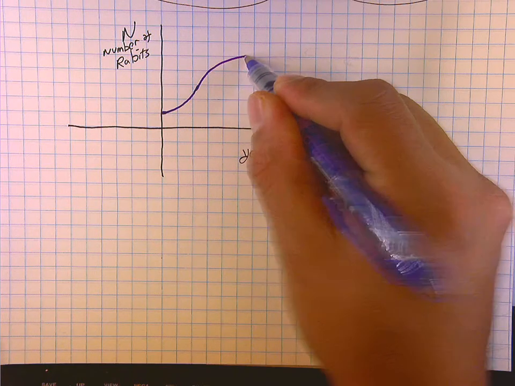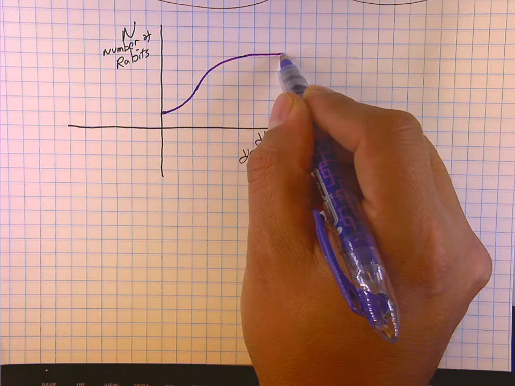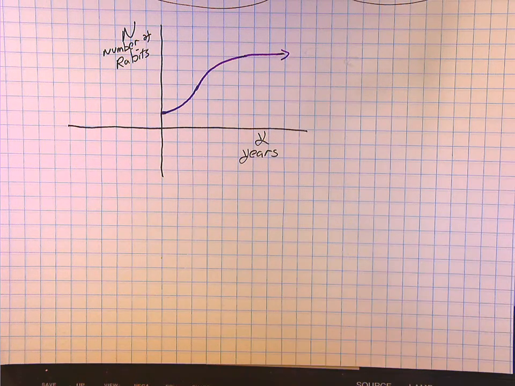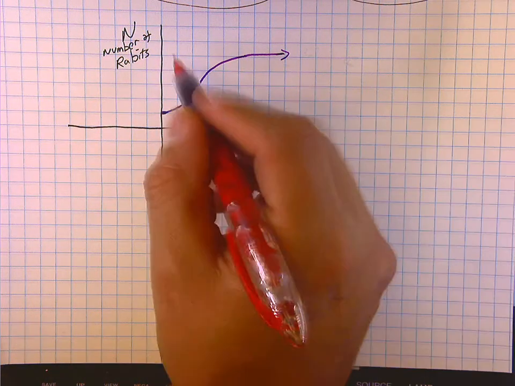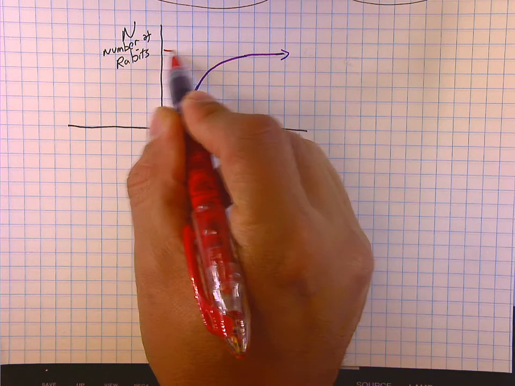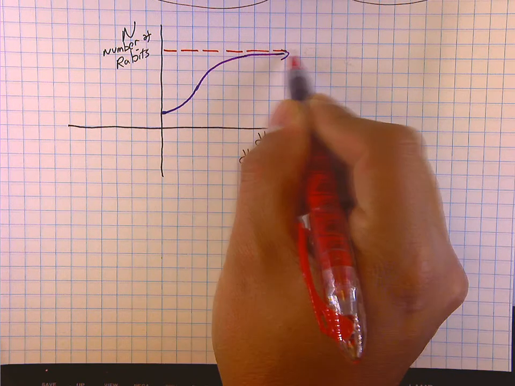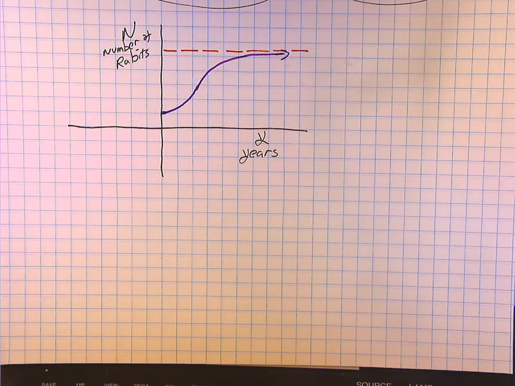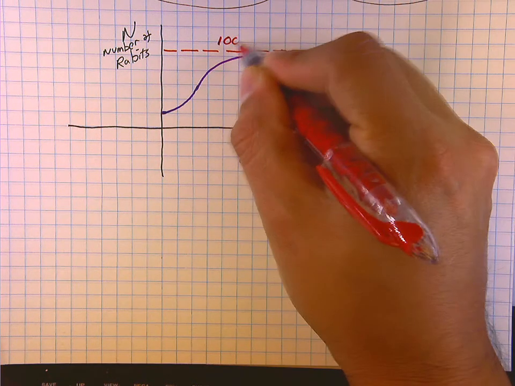And as it slows down, it reaches closer and closer to an amount which we call the carrying capacity of the island. This we consider an amount that the island can sustain. In this case, we'll say that our carrying capacity is 1,000.